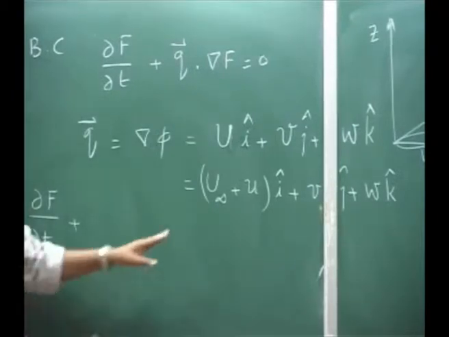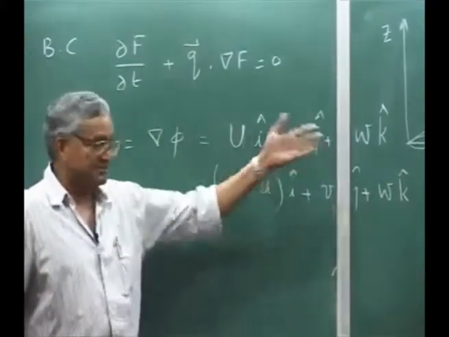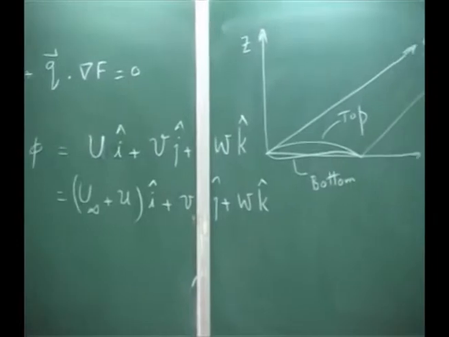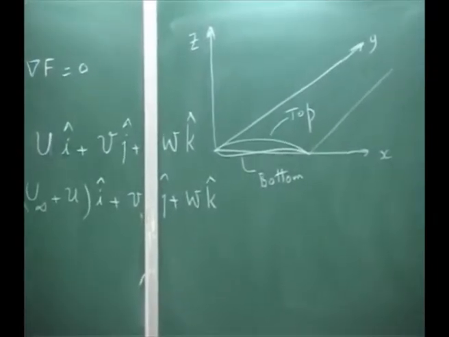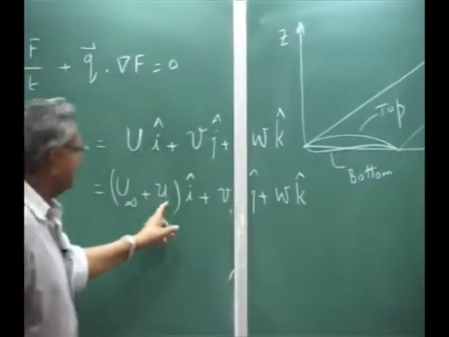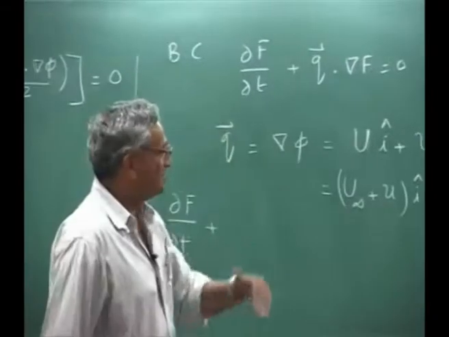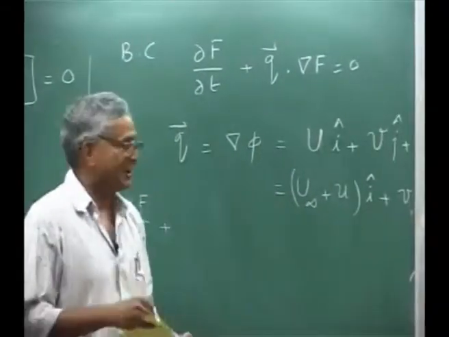Now if I write this, because U infinity is the velocity of this whole thing, that is the speed of the aircraft or the wing, and these are perturbations in the flow due to the presence of the wing. Okay.